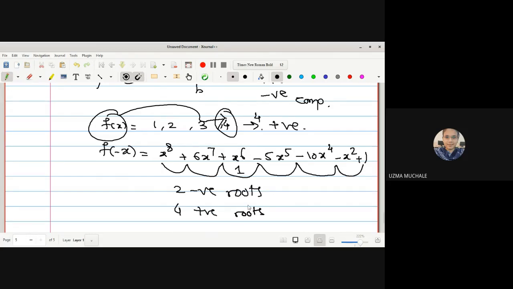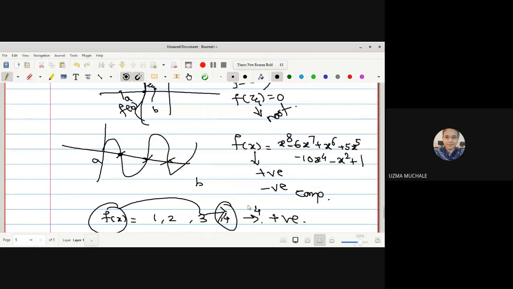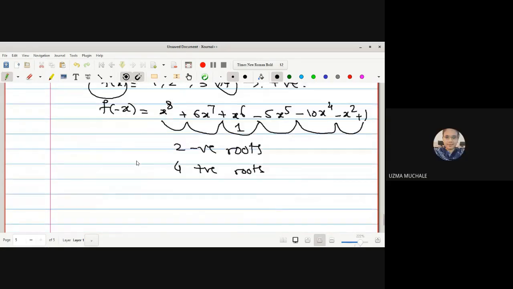What is the degree of our equation? 8, no? Yes, ma'am. If 8 is the degree, out of 8, we are getting 6 roots are real. Maximum roots that may be possible are 8. So we can say the remaining 2 roots will be complex roots.